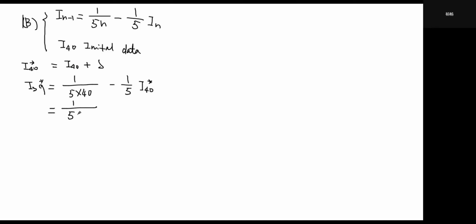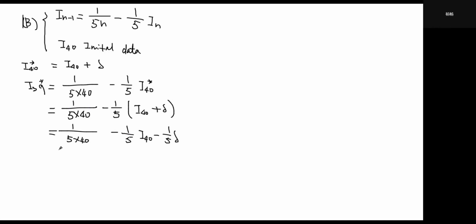As I said, we suppose that there's no error along the computation. So I will substitute I40 by I40 exact plus this error delta. You can continue this calculation. You get this one, and the first two terms together are nothing but I39 exact minus 1/5 delta.